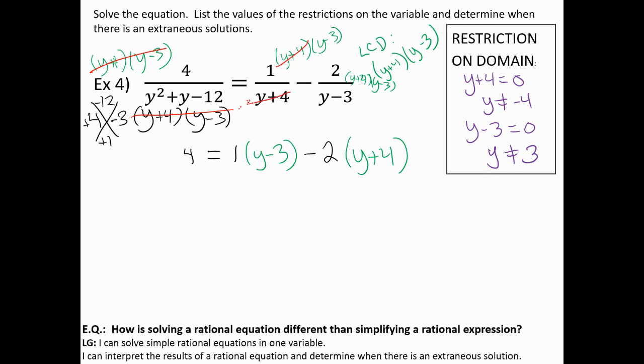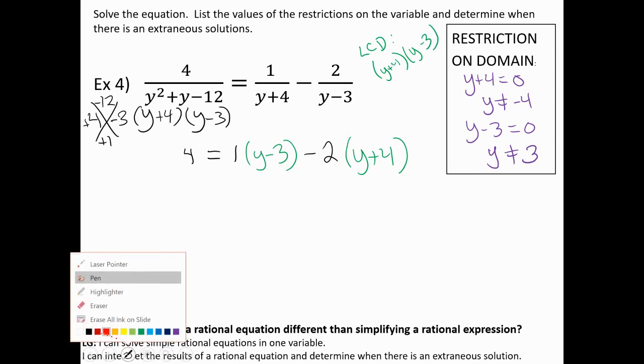This whole thing cancels this whole thing. So I basically cut that step out, okay? And I'm going to erase that because it looks super sloppy now. So I just want to explain how we got that. We did multiply by the LCD, but we just cut out that step. We basically just multiplied by what was missing.